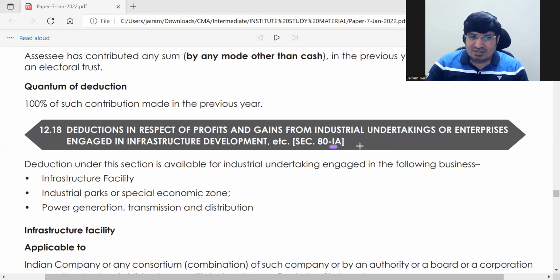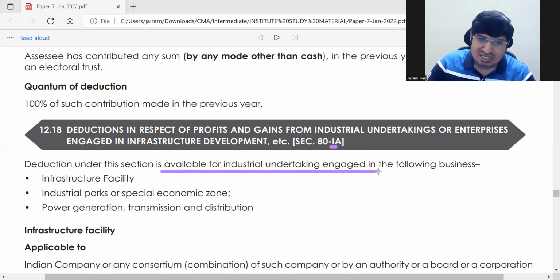So this is your section 80IA, and the deduction is given for an industrial undertaking engaged in these businesses. Any of these three groups of businesses are covered under section 80IA. If you invest in these three businesses, you will get a deduction under section 80IA.